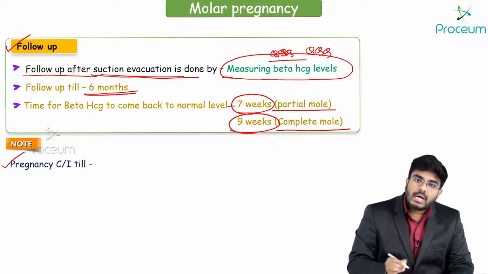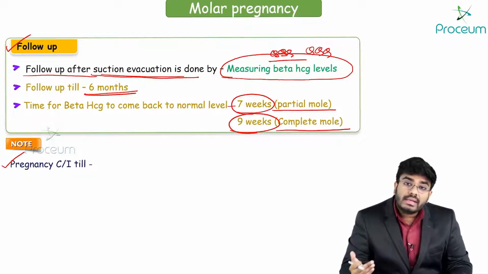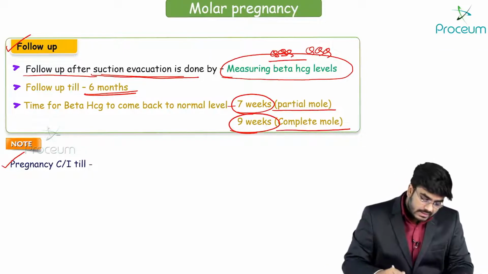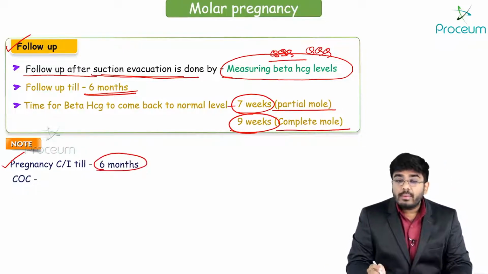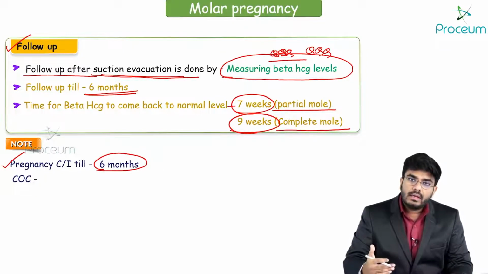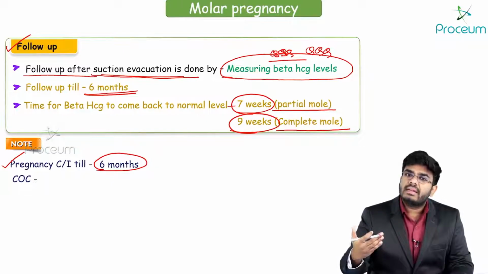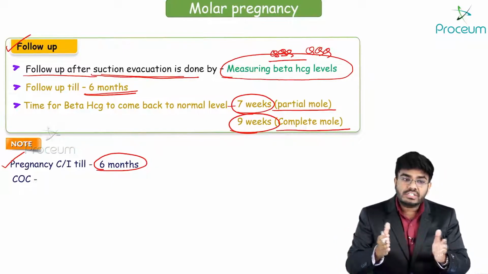After a molar pregnancy, pregnancy is contraindicated till how many months? Till 6 months. Why, sir? Because within this 6 months, if she gets pregnant, beta HCG levels will start elevating, and you can't differentiate why.